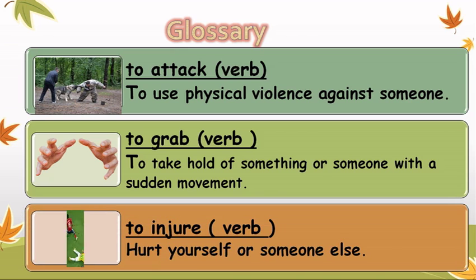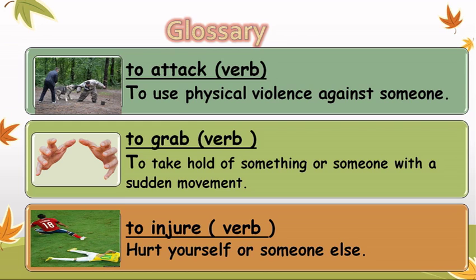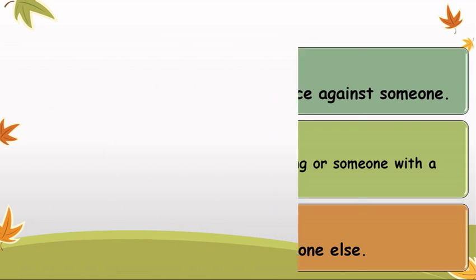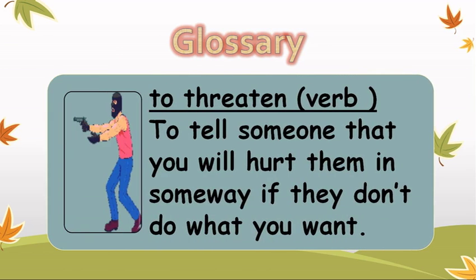It's a verb. To hurt yourself or someone else. Look at these two footballers. They are injured. The last word is to threaten. It's a verb. It means to tell someone that you will hurt them in some way if they don't do what you want. You ask them to do something by violence, by force. Okay.